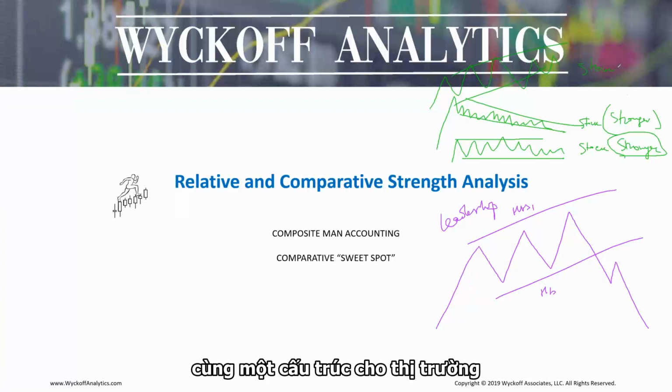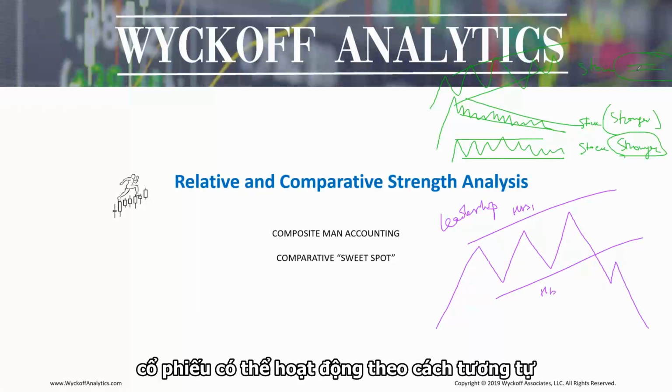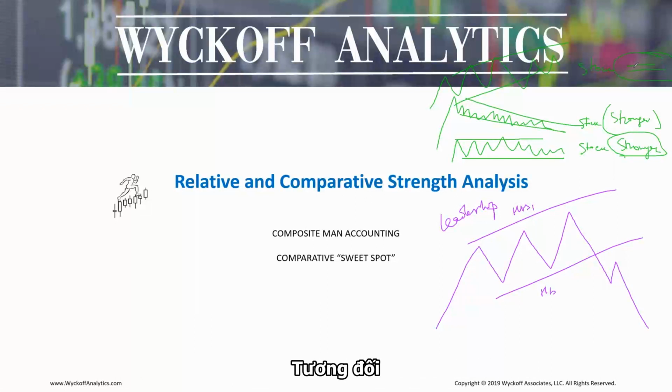Same structure for the market. So stronger or weaker? The same, right? So the stock could behave the same way comparatively as the market. And the relative strength line is just going to be flat, nothing else.